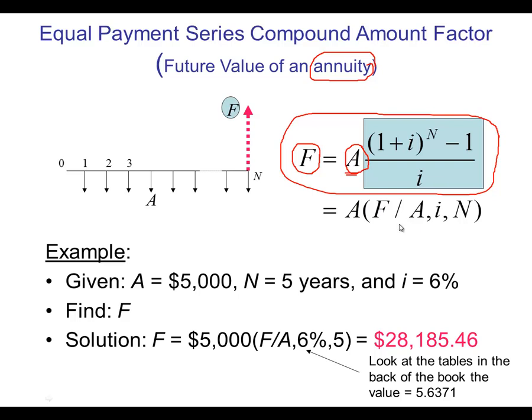So F is for the future, A for the annuity, i for the interest, and n for the number of equal periods. This is the second way, and the third way is using an Excel sheet.